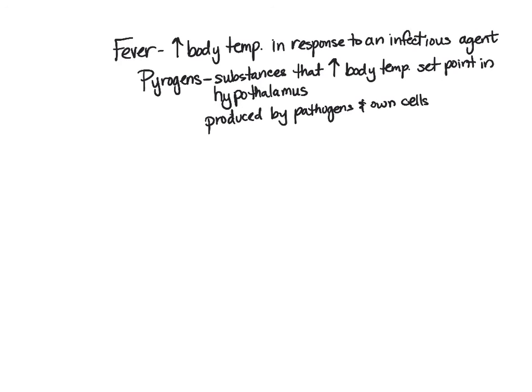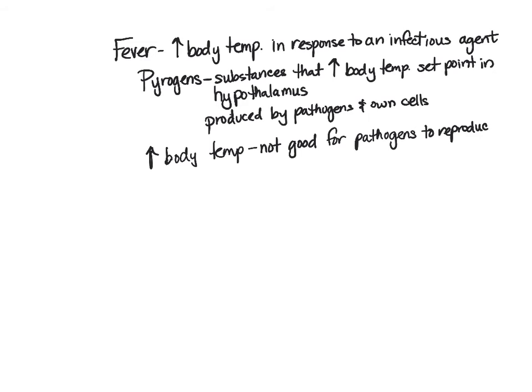The reason this is done is because the increase in body temperature is not good for pathogens. So it's not good for pathogens to reproduce. The types of pathogens that are going to get into our body, that are going to infect our cells and affect our body, are the type of pathogens that like to be around our human body temperature, so our 98.6 degrees Fahrenheit.